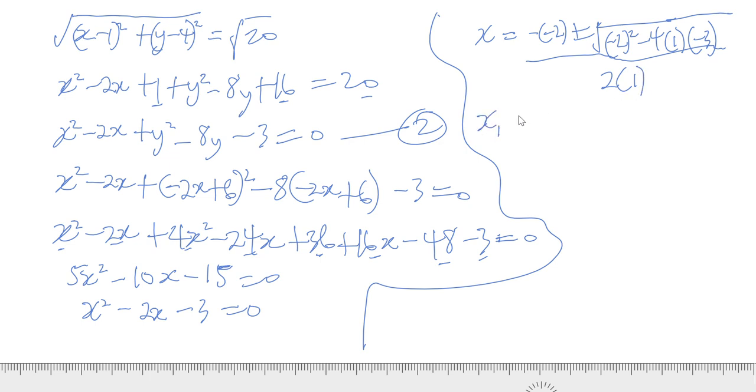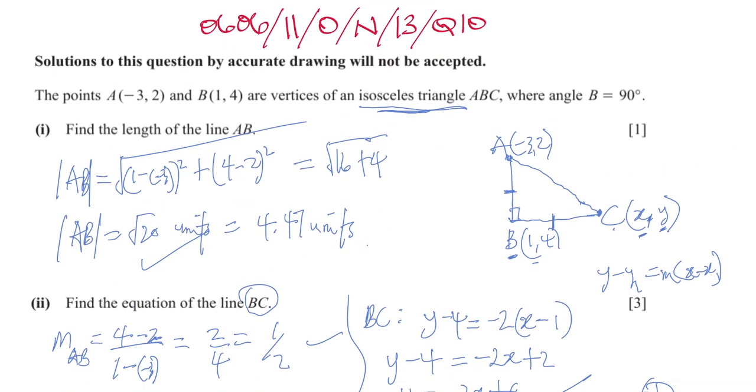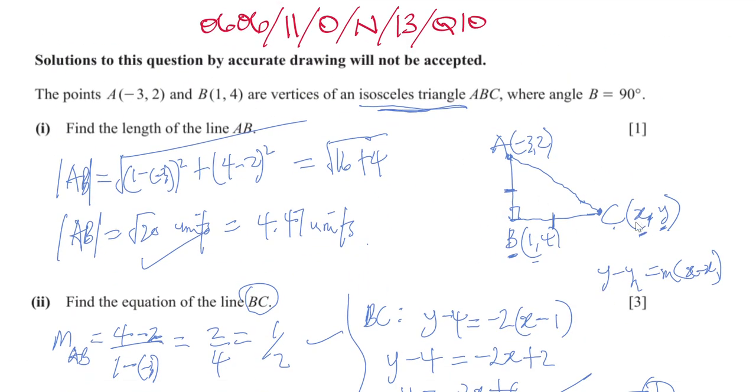So we get two values for x. For the first value of x, we use the plus sign. For the second value of x, we use the minus sign. We get these two answers: x1 is minus 1, x2 is 3. Now, we have found the two possible values for x.